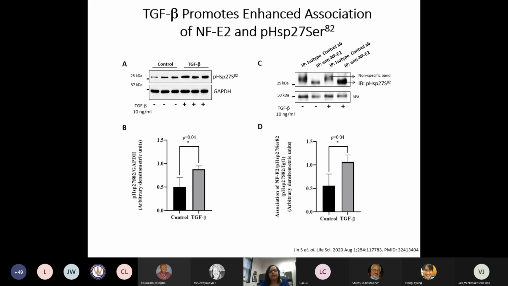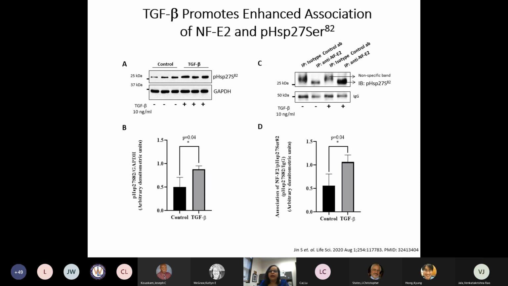Next, we wanted to examine if NFE2 degradation was mediated via its binding to phosphorylated HSP27. So we first treated HK11 cells with TGF-beta, and we immunoblotted with phospho-HSP27 antibody to demonstrate that indeed TGF-beta stimulated HSP27 phosphorylation in these cells.